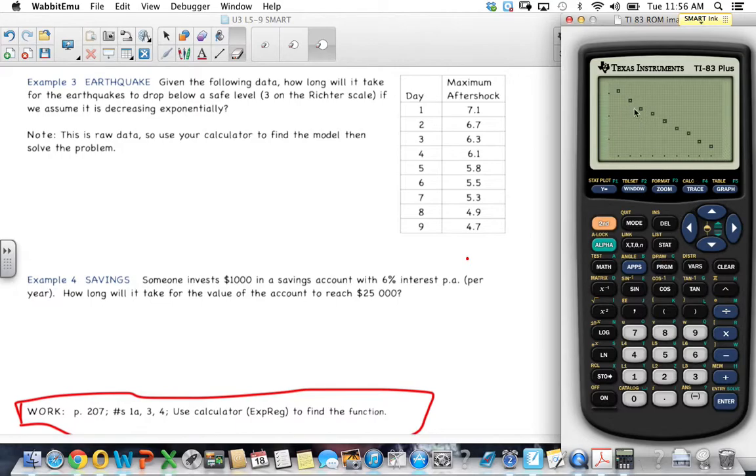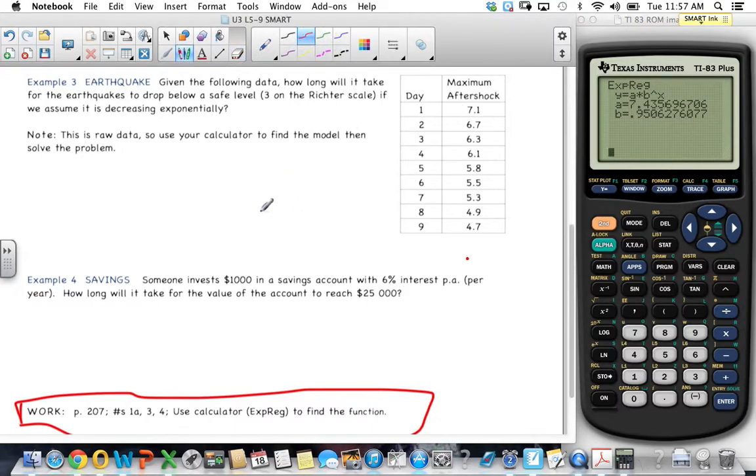So to figure out the equation that best fits it, we're going to hit Stat, arrow over to Calc, and then we're going to go down to the model that we're looking at, which is exponential regression. We hit Enter. Now, my calculator is not as advanced as some of yours, so you might need to hit Enter a couple times. So now we're ready to write the equation, y equals a times b to the x.